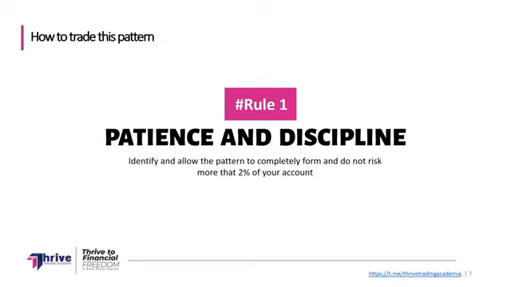So I don't know why many traders like to over-leverage on a strategy that they don't even know well how to practice. We need to learn to be patient and disciplined. That's the first rule of trading. Patience and discipline. I'll be explaining more on this.